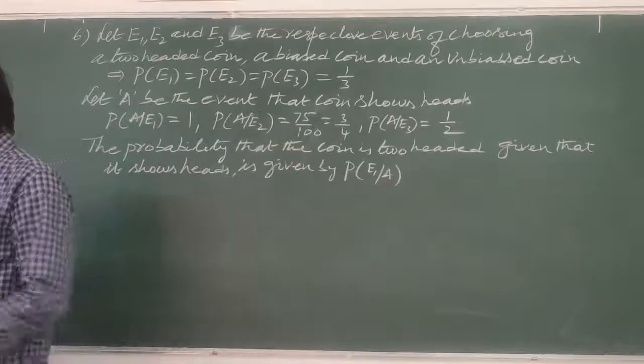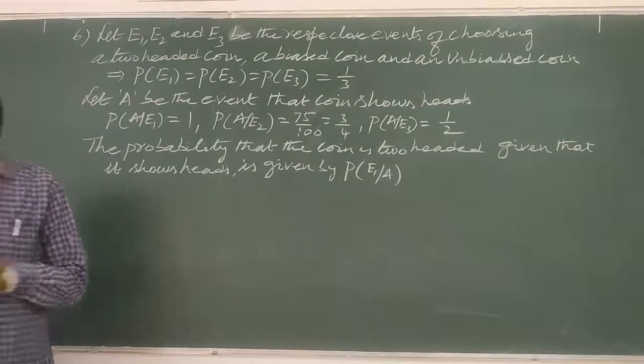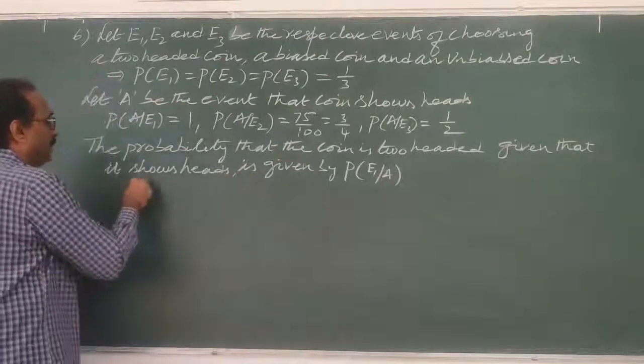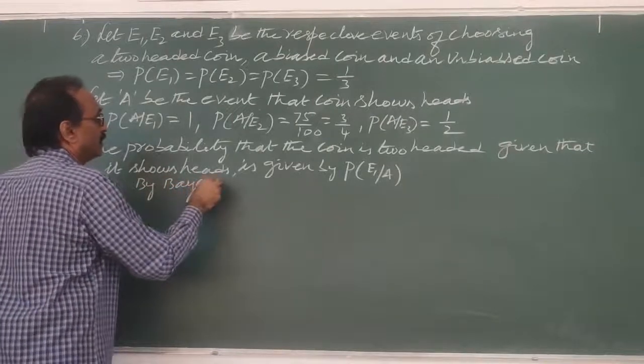So that's why E1 given A. Now we have to see the problem now. E1 given A, you know how to do, I need not tell you. From there it is by Bayes theorem.